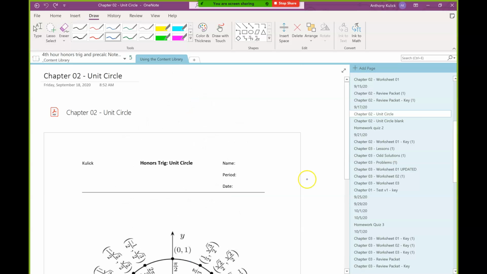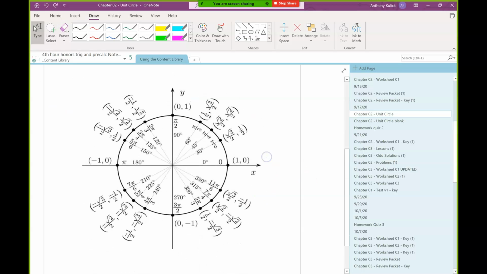Why? So tangent is y over x. Right. So tangent of pi over 2 would be 1 over 0. That's undefined, because you're dividing by 0.